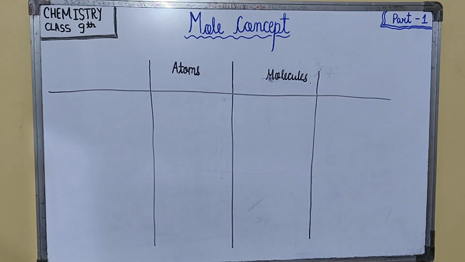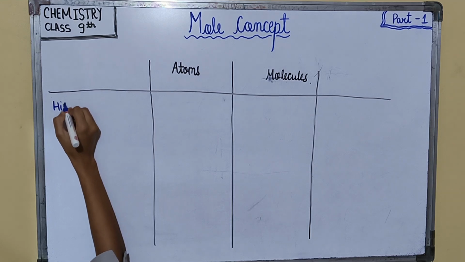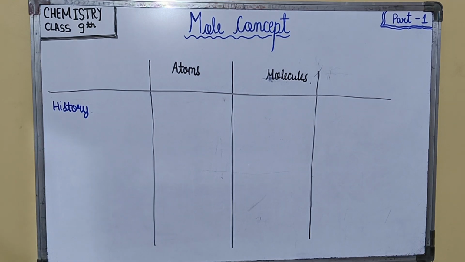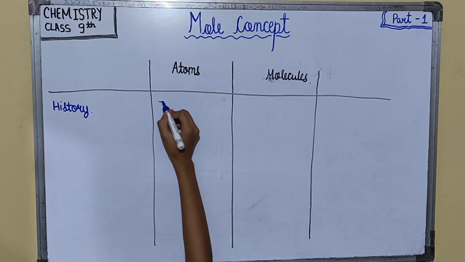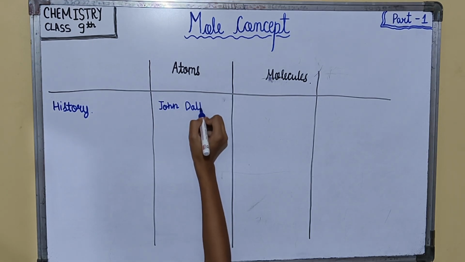First is history. John Dalton, 1766 to 1844. John Dalton was the first chemist to use the name atom.